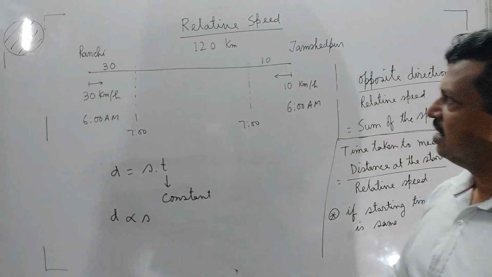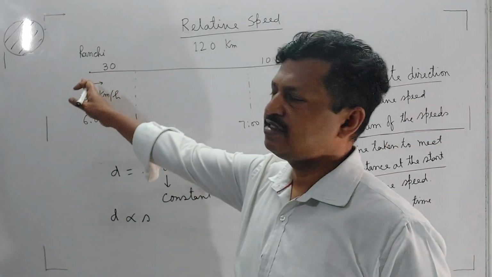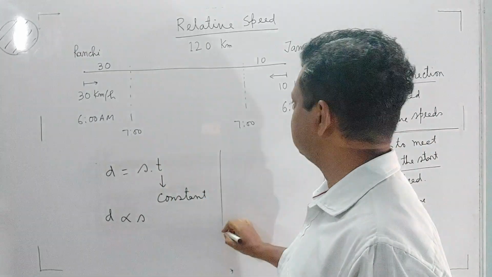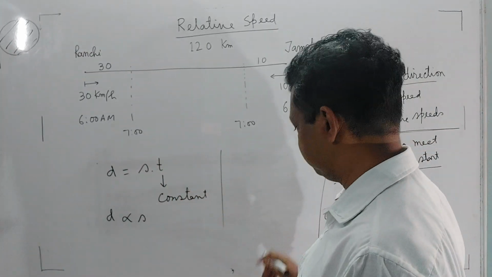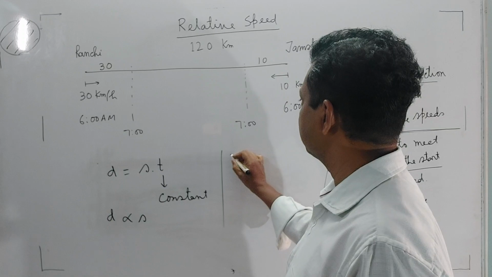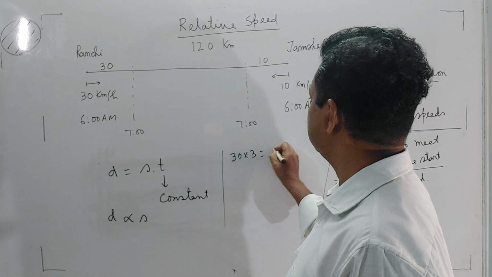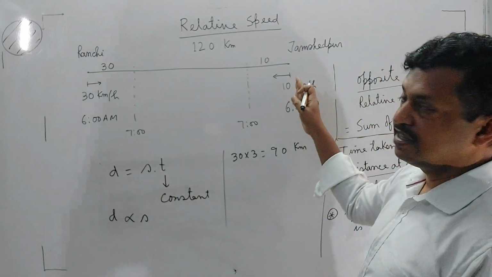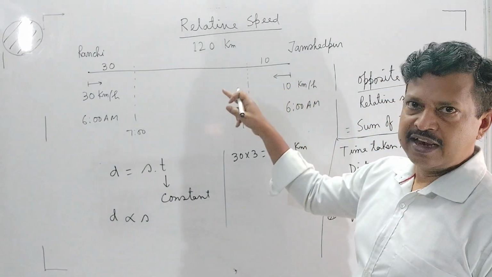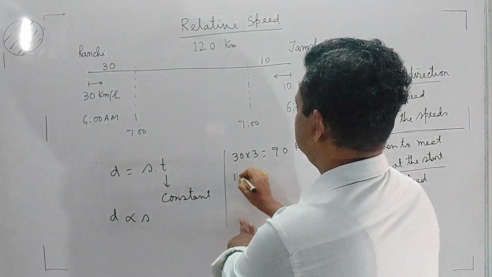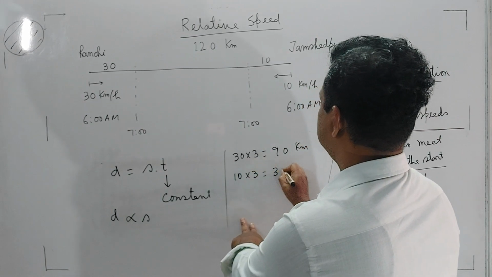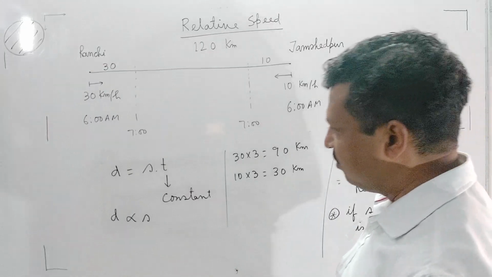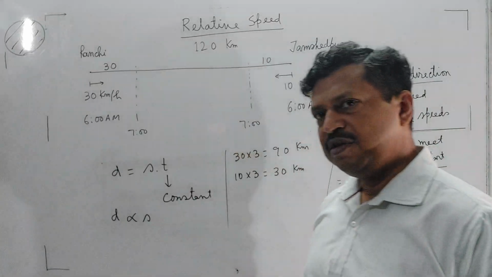Let us understand the distance traveled by this car till they meet. The distance traveled by that car is 30 into 3, 90 kilometer. Now the distance traveled by this car till they meet is 10 into 3, 30 kilometer. Now, can you say that distance and speed are directly proportional?